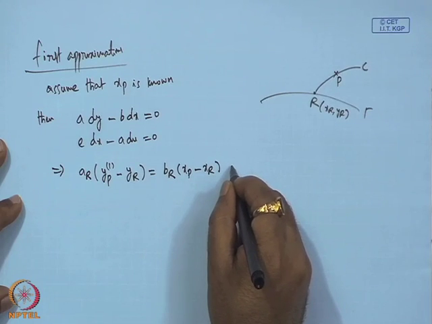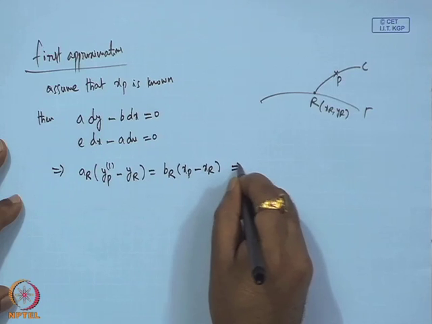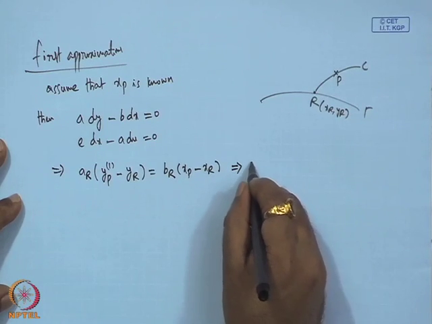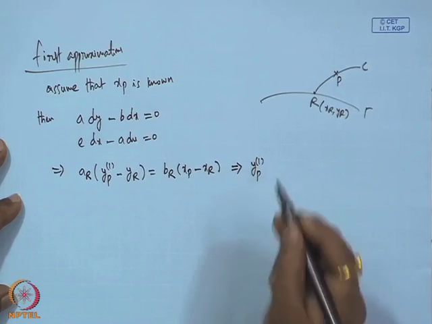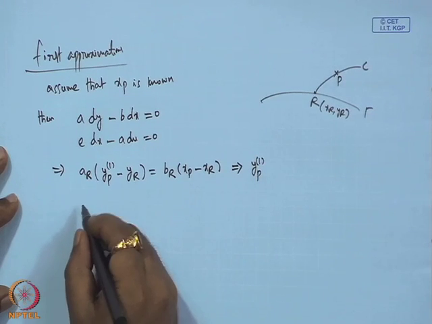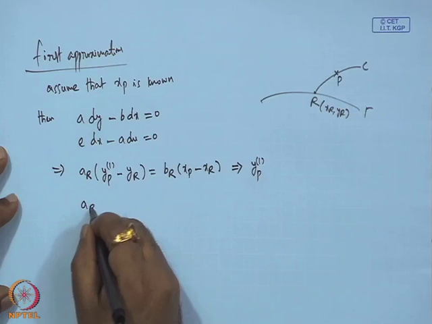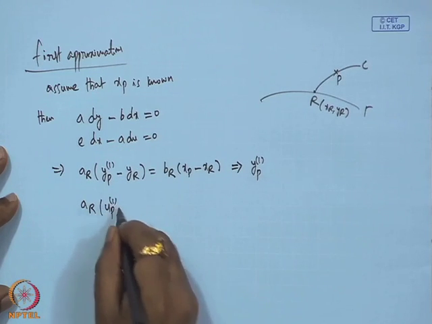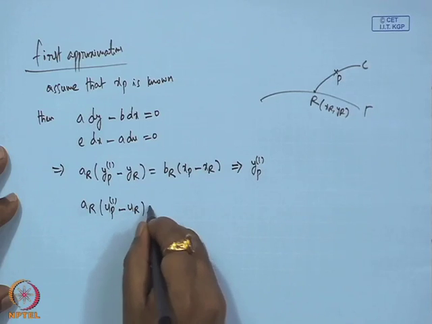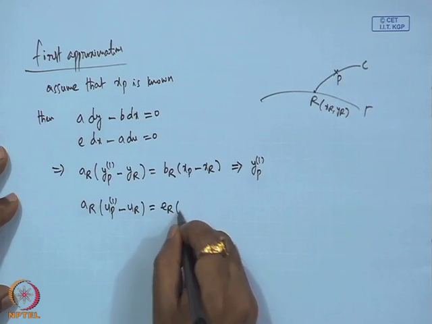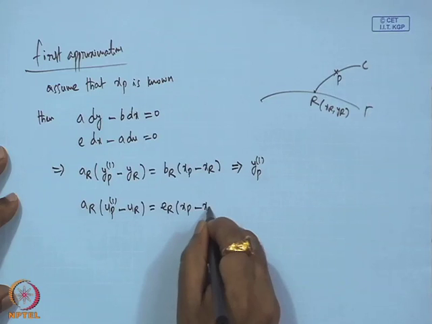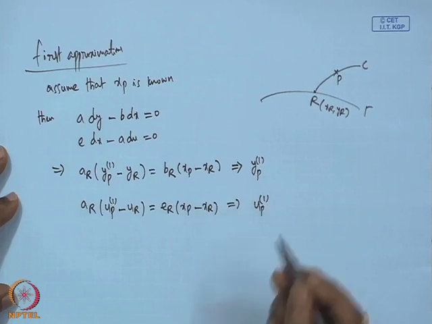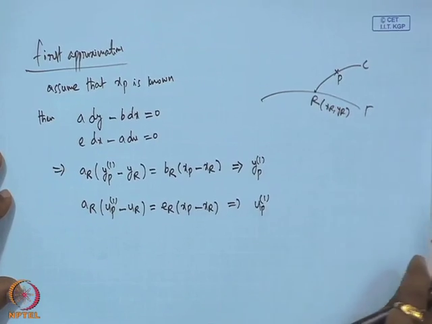So, if we know x p, the rest are all known, y p 1 can be obtained. Then from this equation, u p 1 can be obtained.